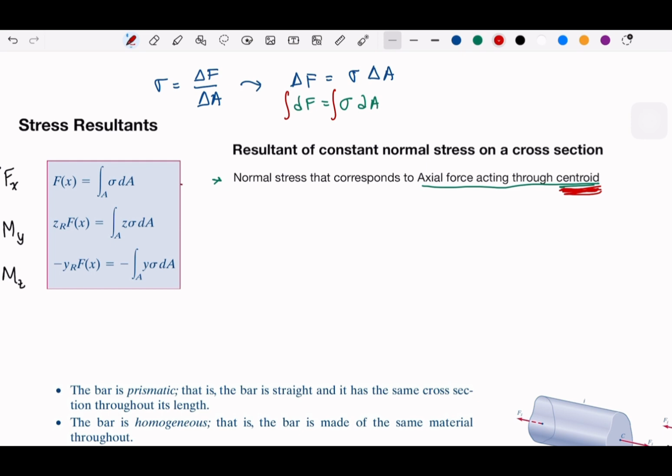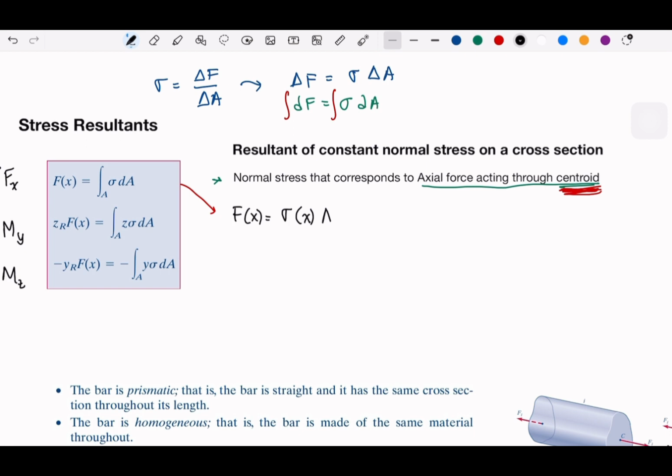Let's say we are going to make this relevant to our calculation. So F of x we can write as, if you get the integration, then the sigma of x depends on the distance x.